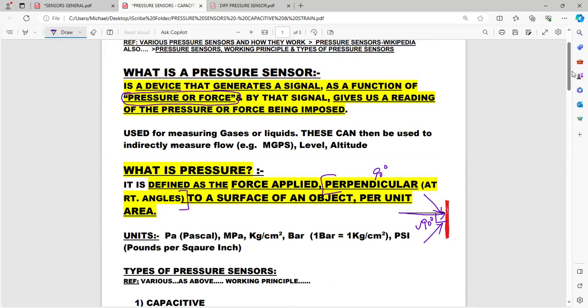I'll just check and see. 15, sir, I think. 1 bar is equal to 14.5 PSI. Okay, yeah, 14.5 something.